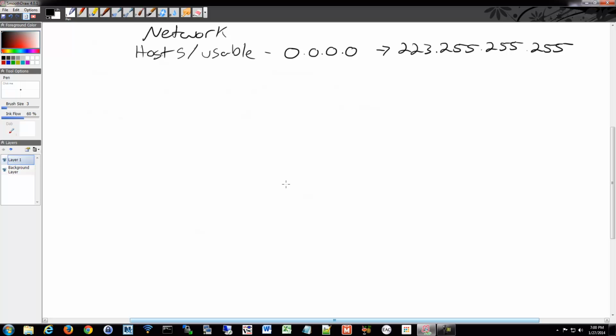So it might be what we call public network out on the internet. Like if you go to Google at 72 dot something or whatever, it's going to be in that range. If you have a local network, 192.168, that's going to be in this range. If you have some other private network like 10 dot something, which we'll go over, that's also in this range.